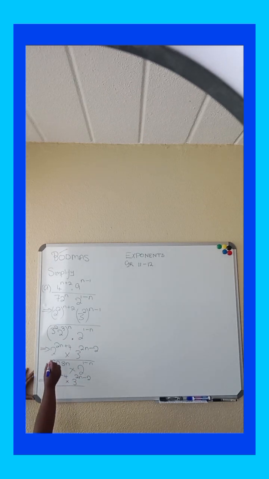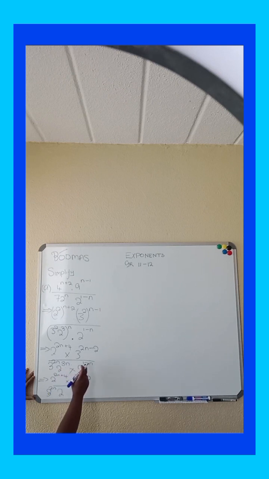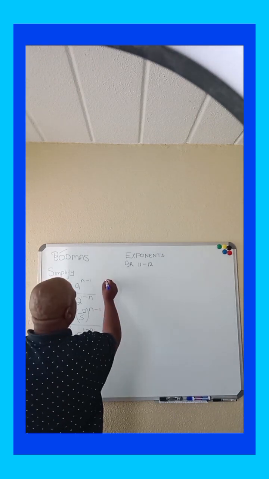So we're going to write 3 to the power 2n as it is times 2. We like to take one base here because the bases are the same, 2. And then 3n minus n, which will be 2n plus 1. Okay, let's write it here.